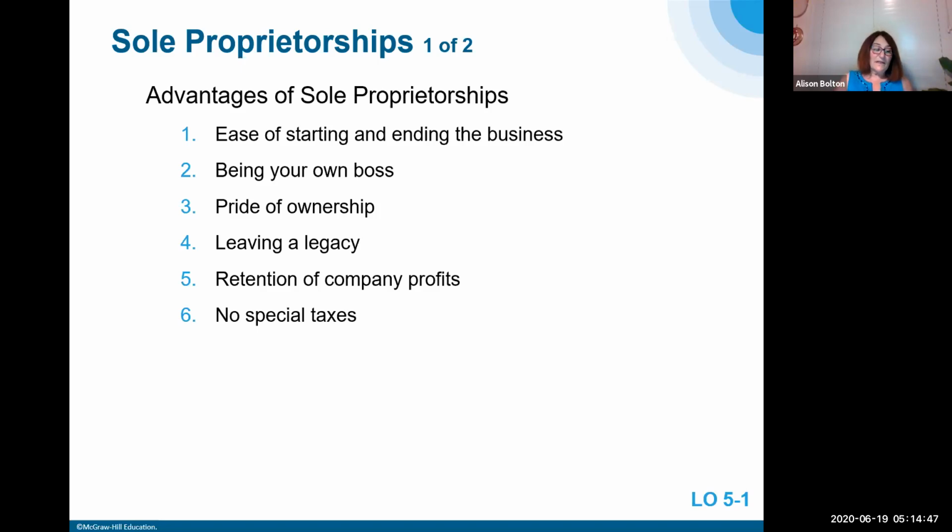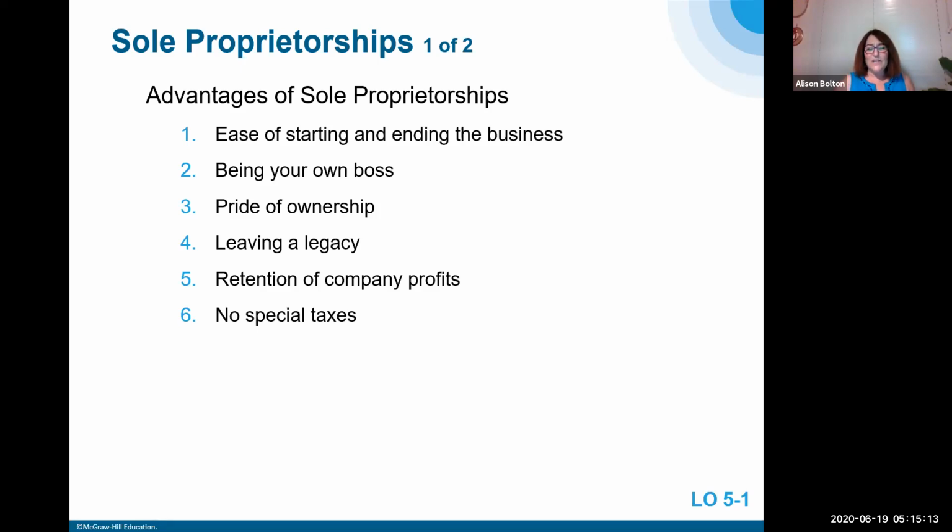Leaving a legacy. A lot of times people start businesses so they have something to leave their families, their kids. We see this in so many different areas of activities of businesses where families are brought in. You see this in restaurants, you see this in the trades, even in professional organizations.